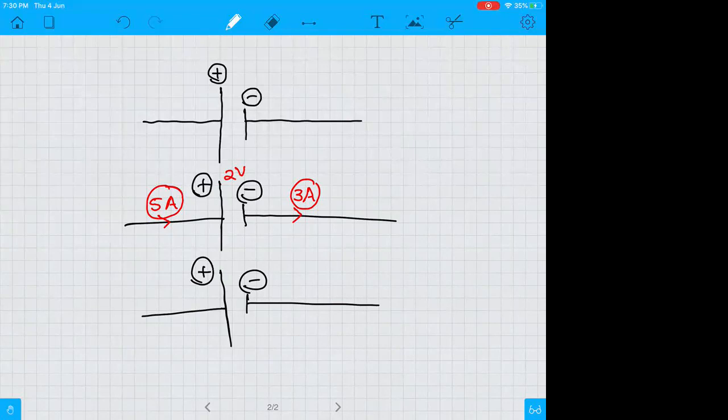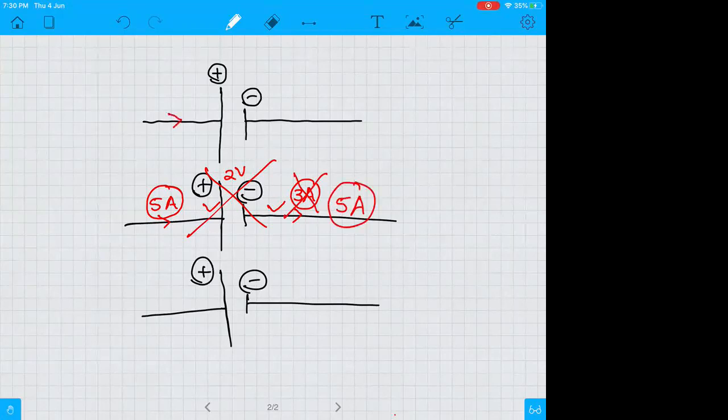Now, this is student number 1 who claims that the battery will change the current. You remember in your O level, you have studied that on a single path, the current remains same. So whether it's a resistor, a device, or a battery, the current entering will always be equal to the current leaving. Hence, this is wrong. So if the current entering the battery is 5 ampere, then current leaving the battery will also be 5 ampere.